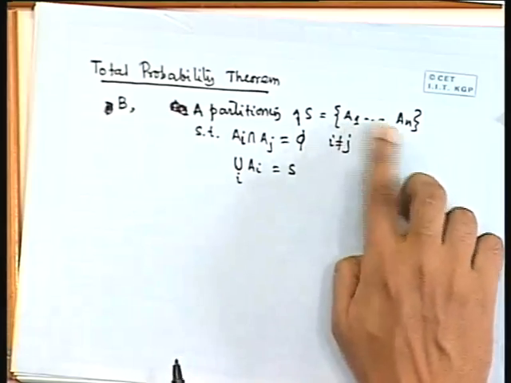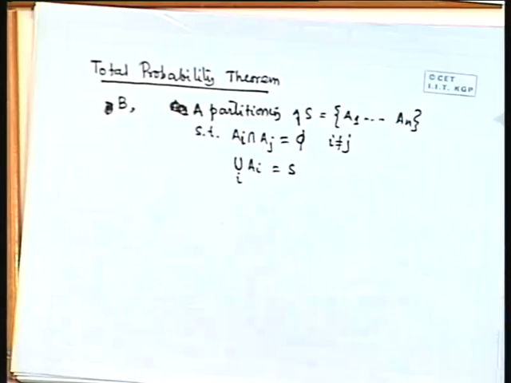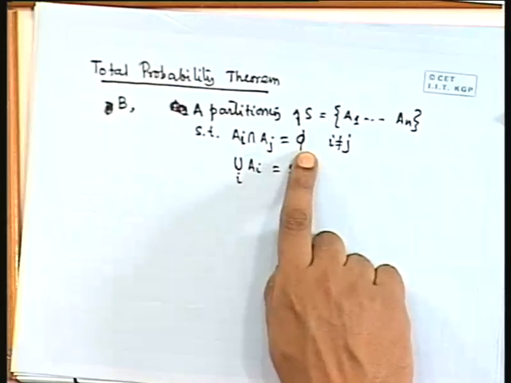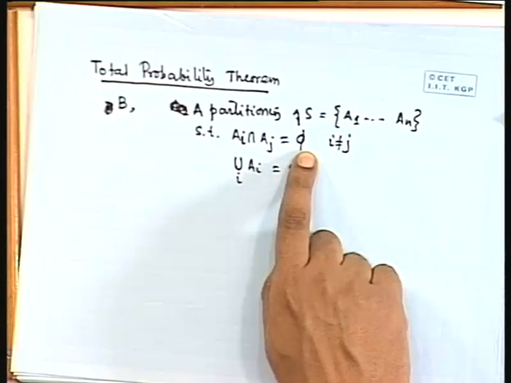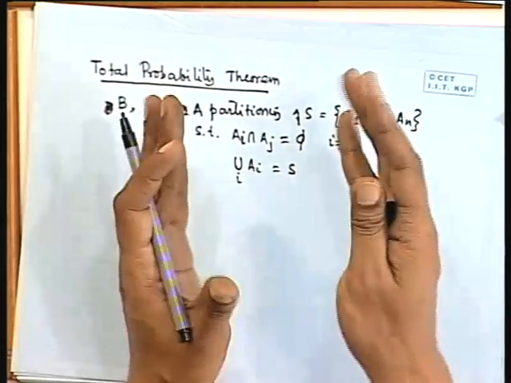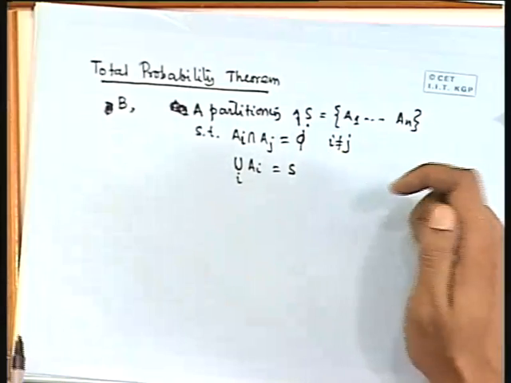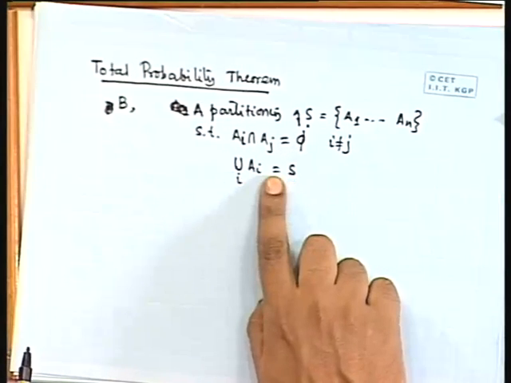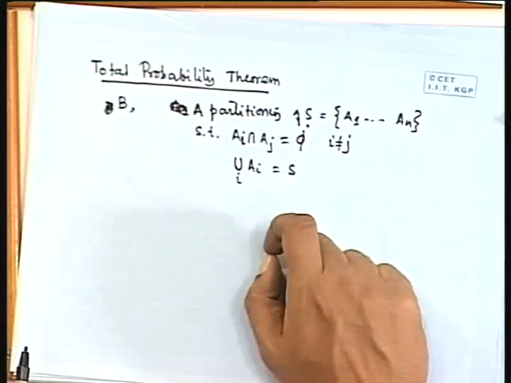Each set is disjoint, so AI intersection AJ is the null set. There is no common element between these sets. And if you take the union of all the sets together, you get the set S. Such a thing is called a partition.